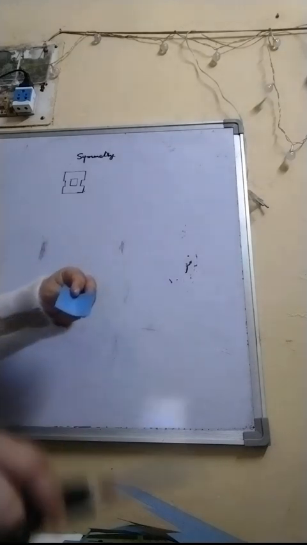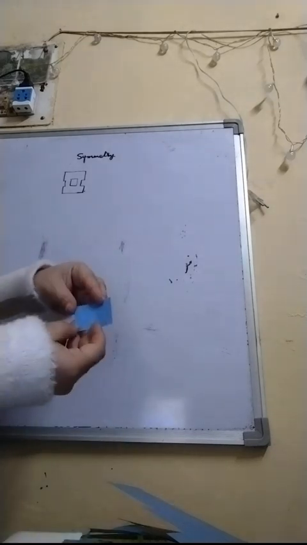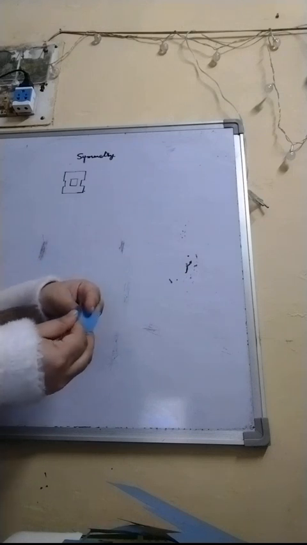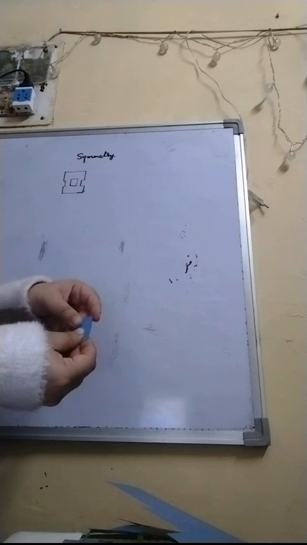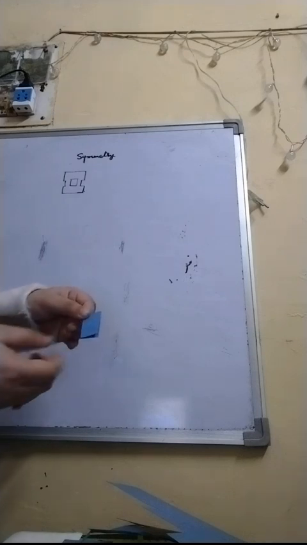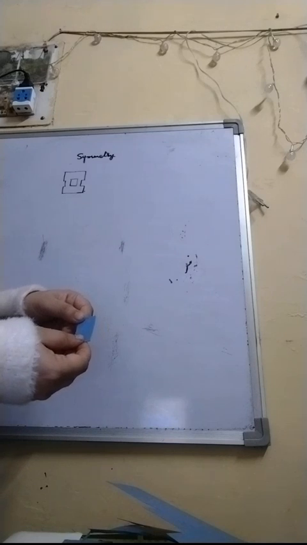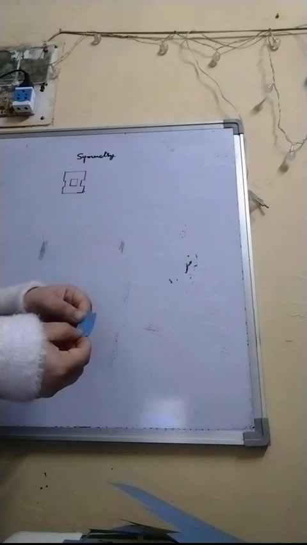So first of all, we take a square and then fold it. Now how would you cut the paper so that you get a center of the square? If I cut it here, so you can get it the rectangle but not the square.